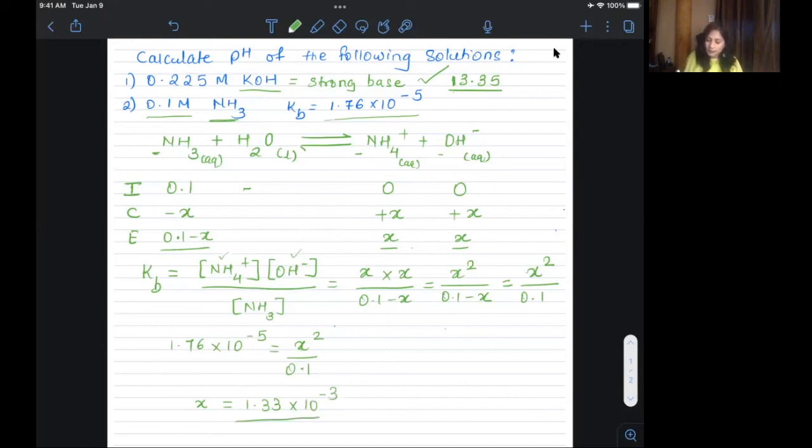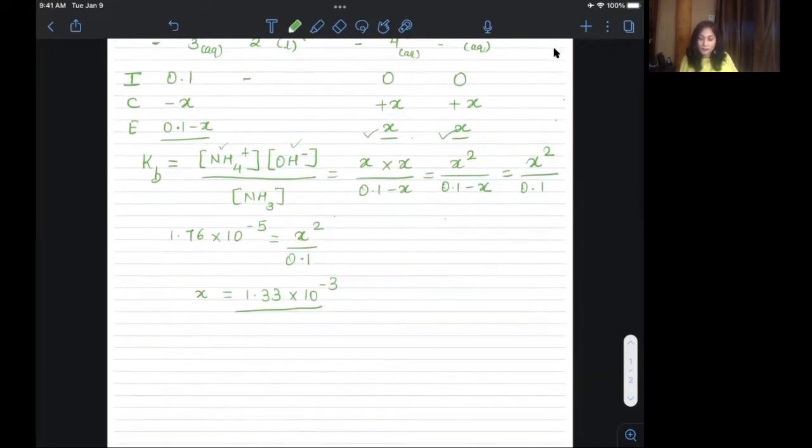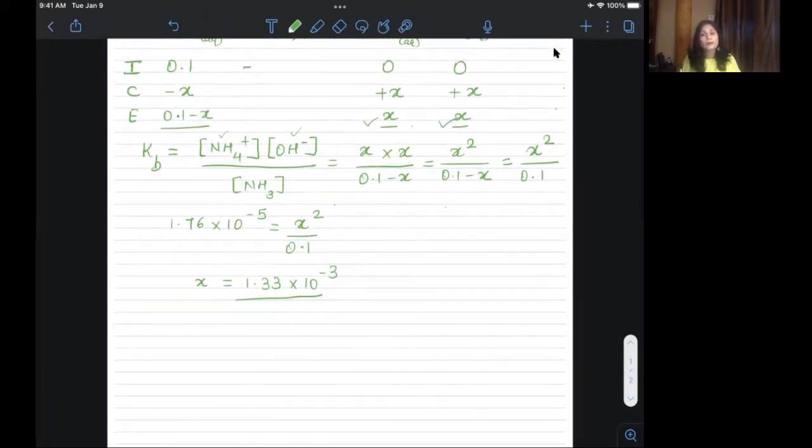Now this is the value of hydroxyl ion concentration at equilibrium. So we are not done yet, because for pH value, we need the hydrogen ion concentration or the hydronium ion concentration, right? So this is the hydroxyl ion concentration at equilibrium.